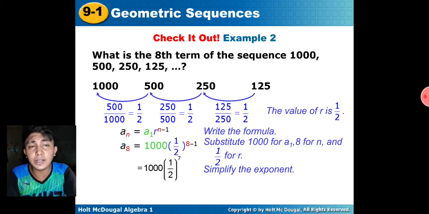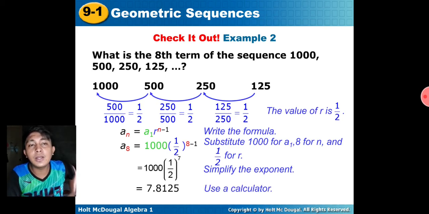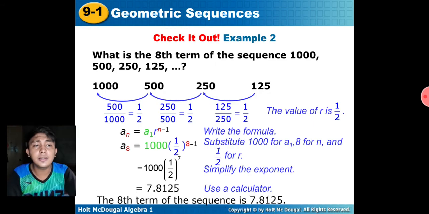Okay, you may use your calculator. 1 half raised to 7 multiplied to 1,000. By using calculator, we have now 7.8125. So that is now the 8th term of the sequence.